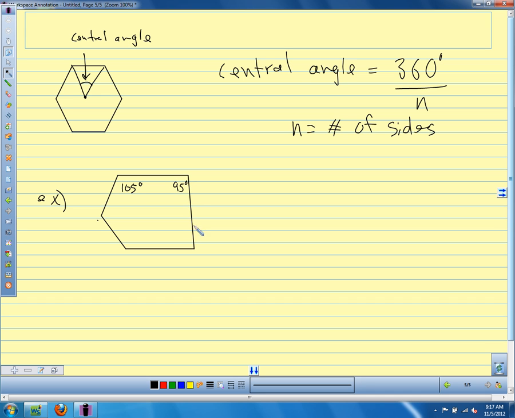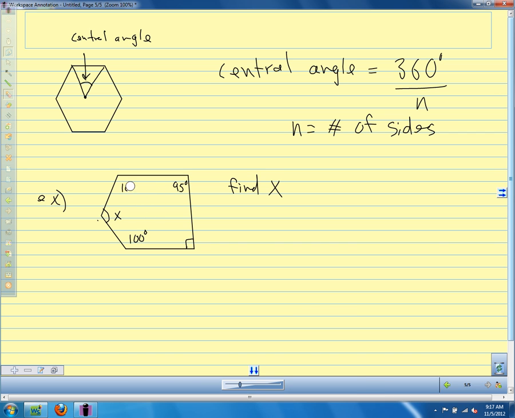This is 95 degrees. That's a right angle. That's 100 degrees. And that is x. And we want to find x. So what are we going to have to do here to find x?